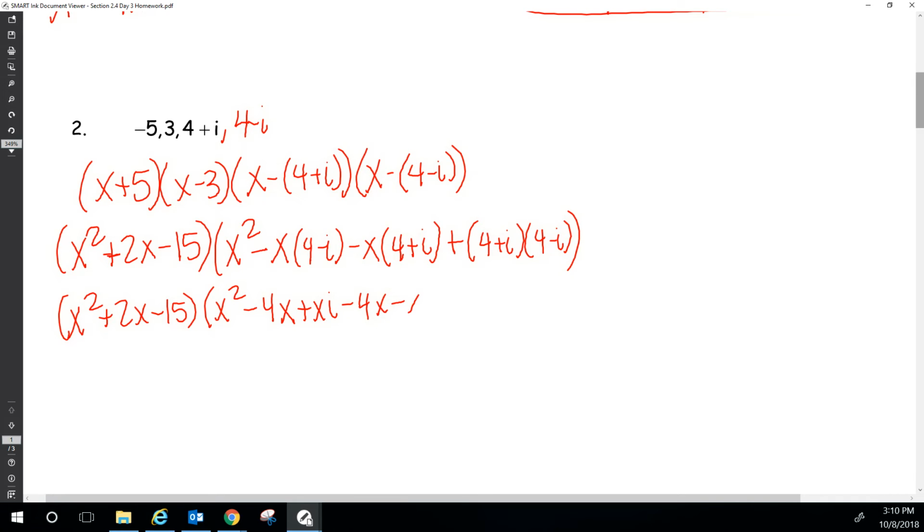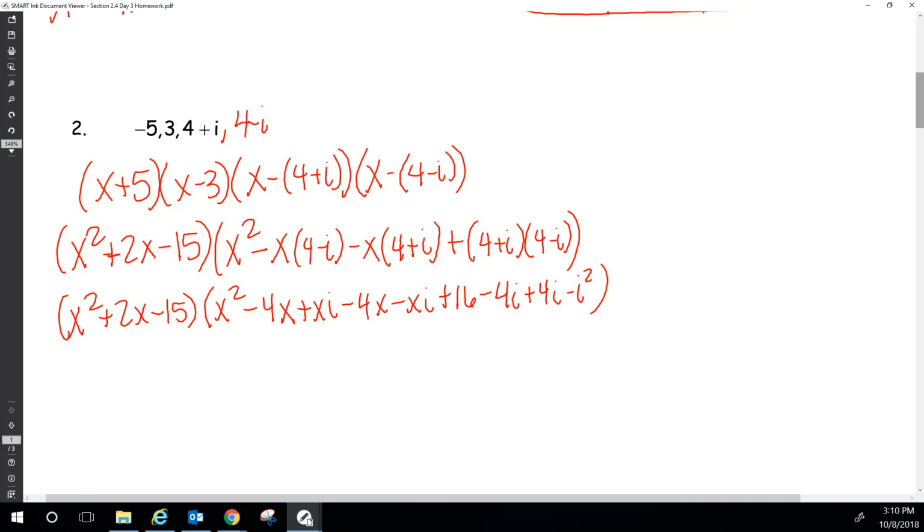Negative x times i. And another set of binomials to multiply. 4 times 4 is 16. Minus 4i plus 4i minus i squared.